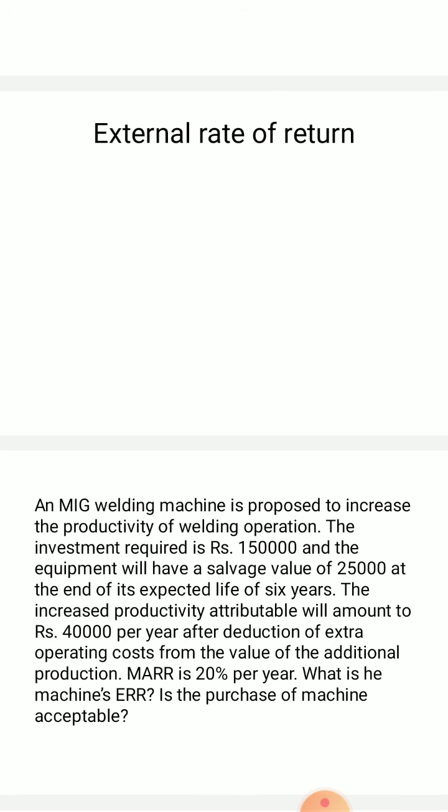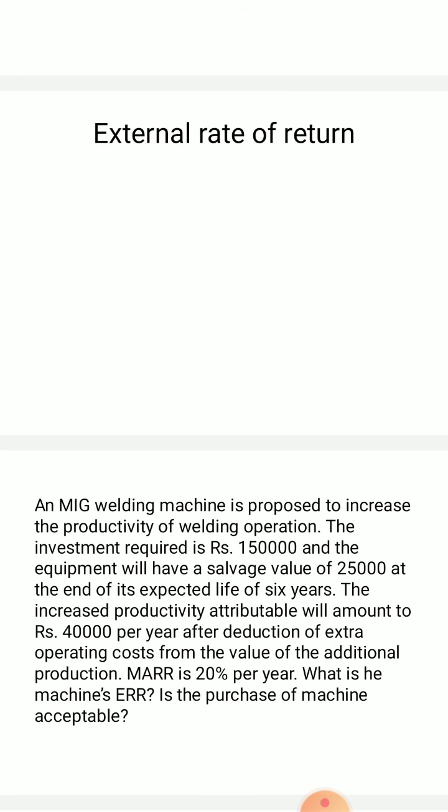At what rate should the reinvestment be made so that it returns as early as possible? That particular interest rate we can consider as the external rate of return.